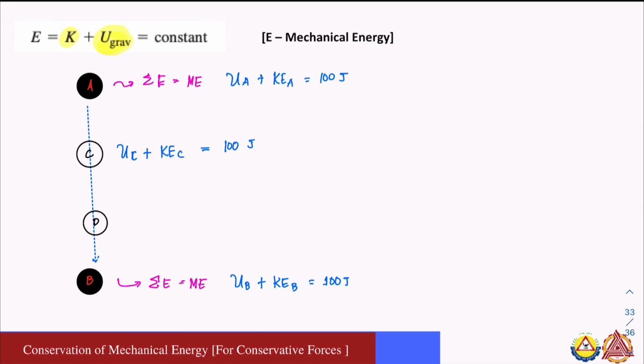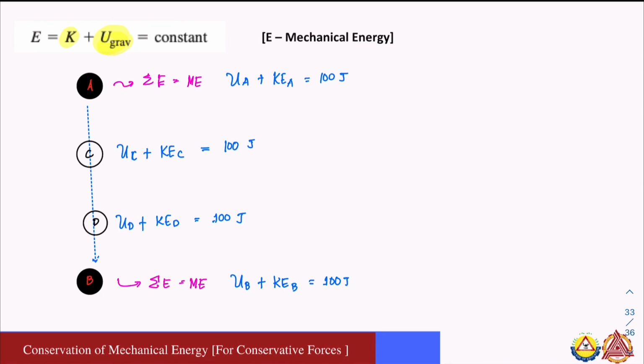The same argument goes for point D. If you take the potential energy at D and add the kinetic energy at D, you should get 100 joules. So basically, the energy here is conserved because the force acting is a conservative force.